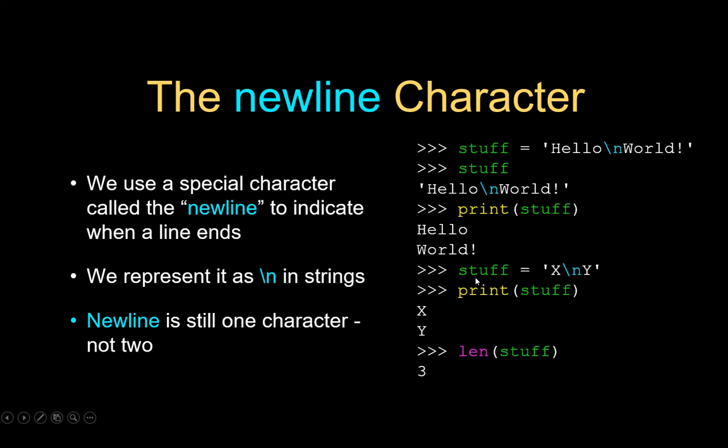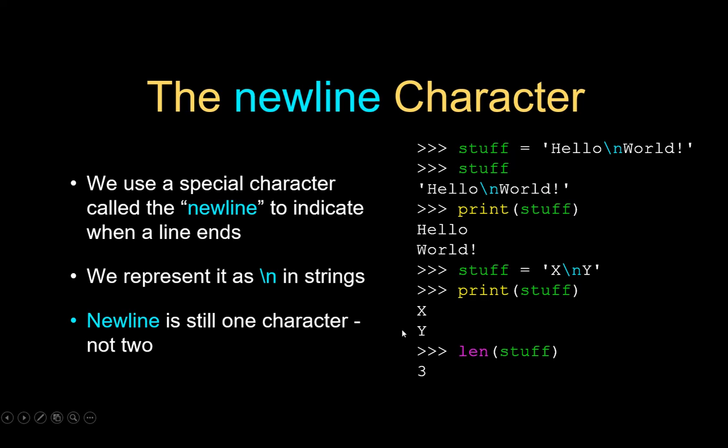Another example is we put x \n y as a string in quotation marks into a variable called stuff. When we print that, we get x, the new line because of the \n, and then y. That's going to be the output here.